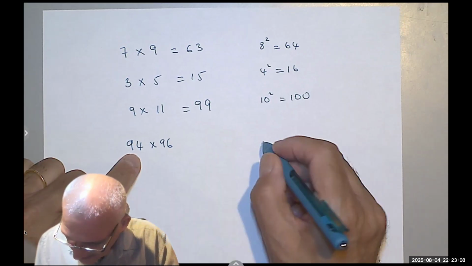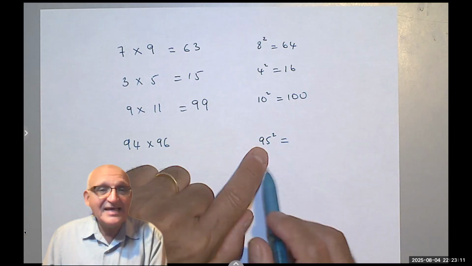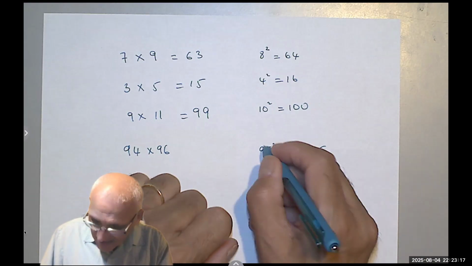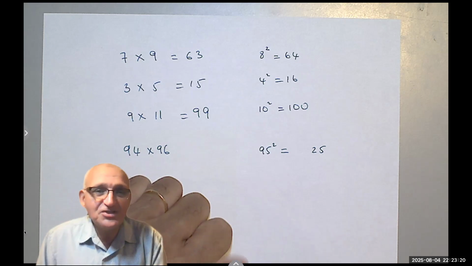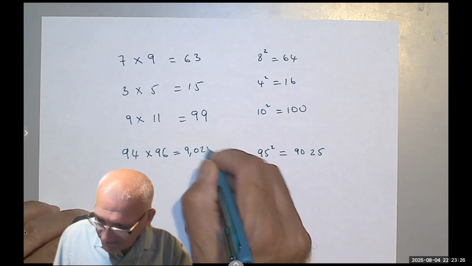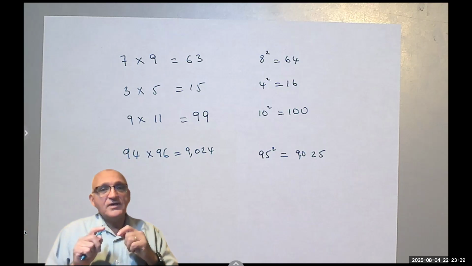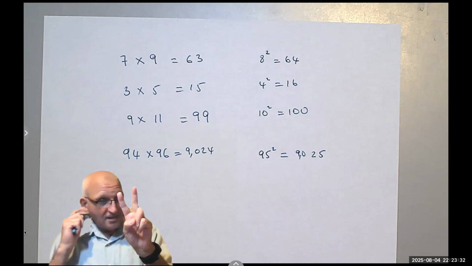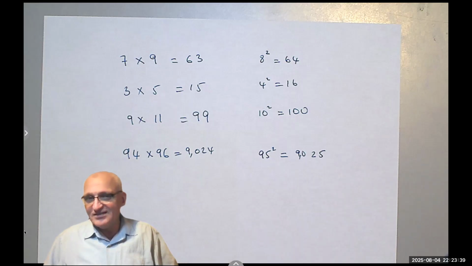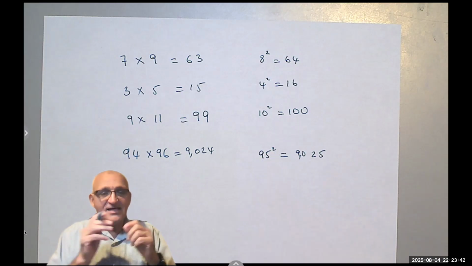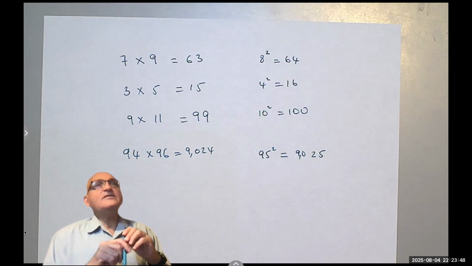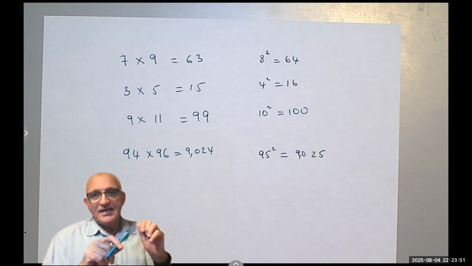But if you know that the middle number is 95, and any number that ends with 5, when you square it, the square ends with 25, and then you take the 9 and multiply it by the next higher number, which is 10, 9 times 10 is 90. So this answer is 9,024. So if two numbers differ by 2, one of them is something and 4 and the other is something and 6, you can find it so easily by squaring the middle number and subtracting 1 from that.